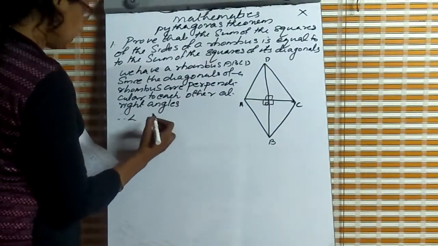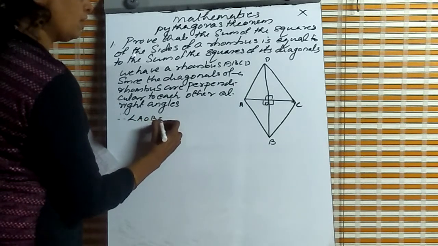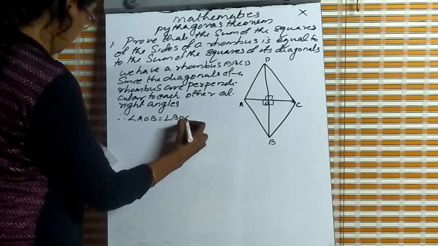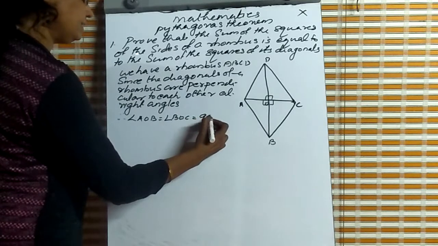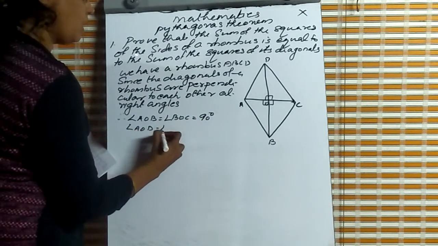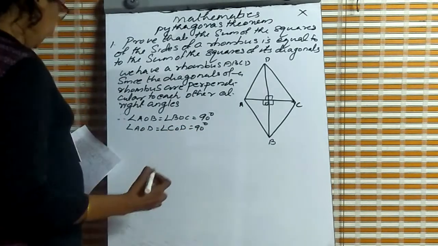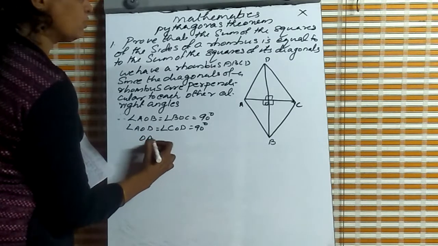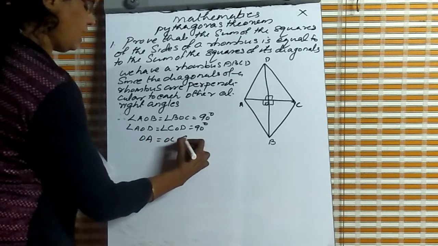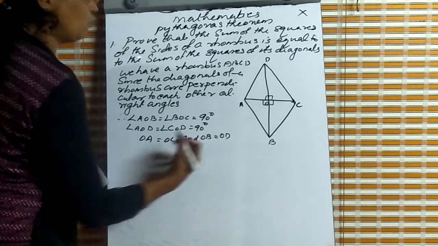Therefore angle AOB is equal to angle BOC is equal to 90 degrees, and angle AOD is equal to angle COD is equal to 90 degrees. OA equals OC and OB equals OD.